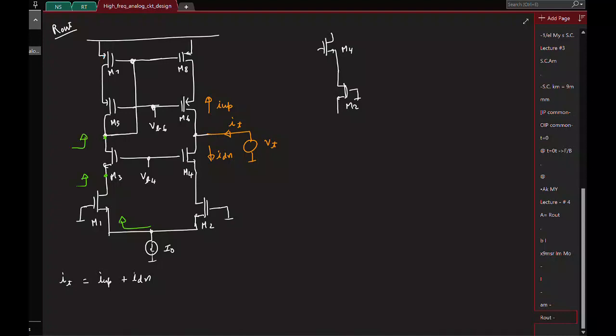What is this impedance then? That is 1 by GM7, for sure, because that is diode connected. So this is at a low impedance, and I can safely say this is 1 by GM3. So at M2 I have terminated with a resistor 1 by GM1. This is what we have looking down. I'll call the impedance looking down R down.